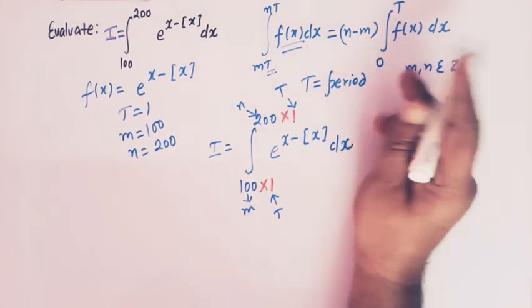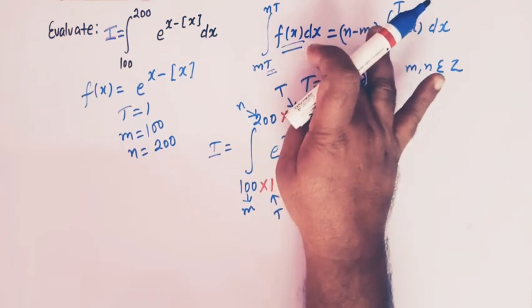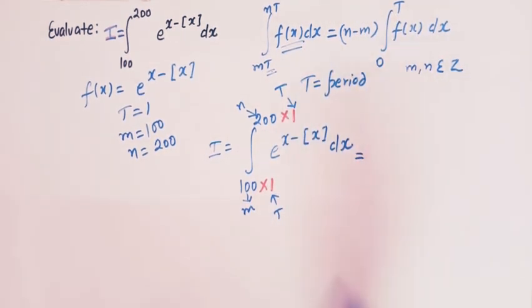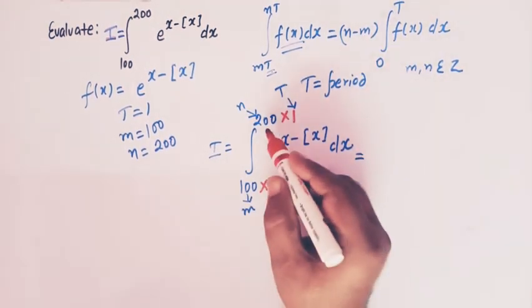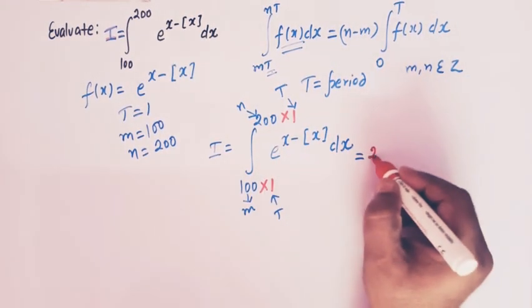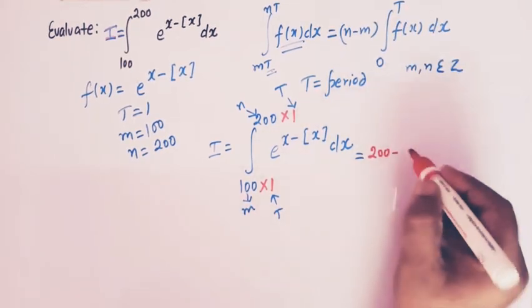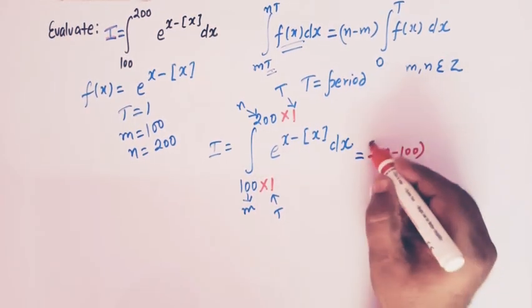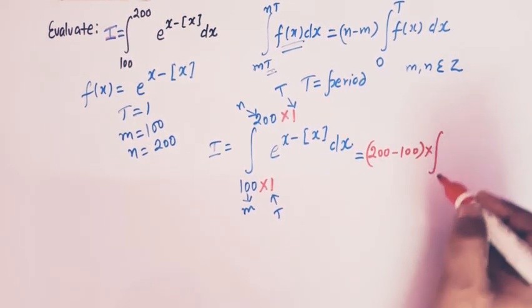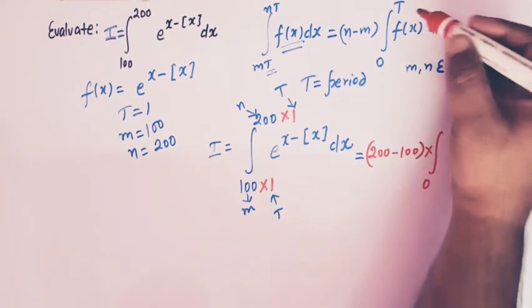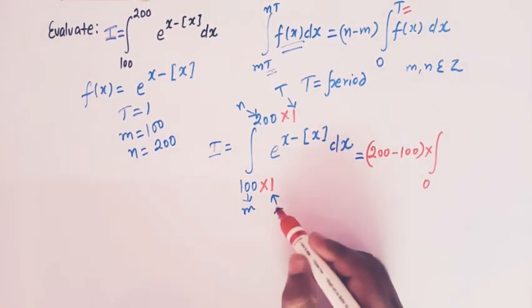Now if we make use of this property, then we can write n minus m, so n is 200 minus 100, multiplied by the integral from 0 to t, and the value of t is 1.